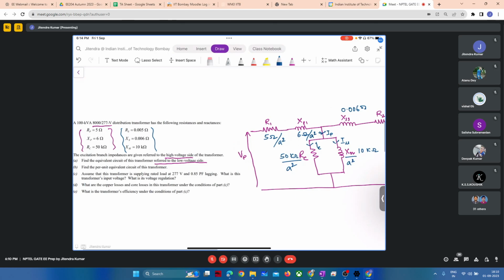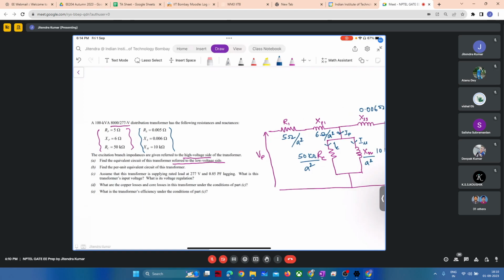But it is very confusing whether it is N1 by N2 or N2 by N1. So keep this concept in mind when you are referring from 1 to 2. Let us suppose 1 is the first winding, 2 is the second winding, and you are referring from 1 to 2.